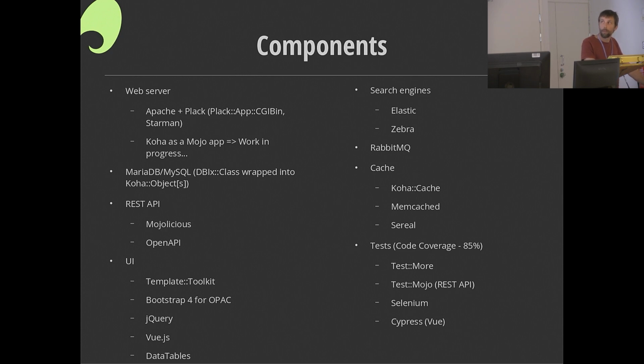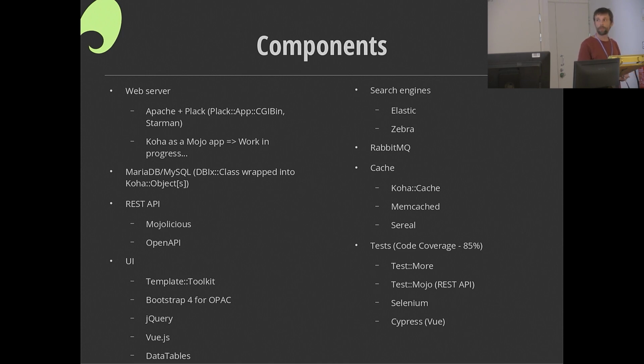Koha used to be based on Apache, MySQL, a lot of Perl, and HTML templates, but it has evolved. Now it uses Plack. Still not a full PSGI app, but we would like to make Koha a modern app, but we are not there yet at all. We are supporting MariaDB, relying on DBIx::Class. We have a Koha::Object-based class that's mainly a wrapper around DBIx. For our REST API, we are using Mojolicious and OpenAPI for the specs.